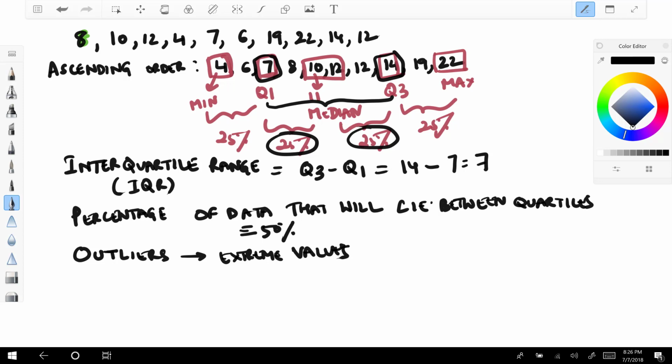So outliers can be calculated by the formula Q1 minus 1.5 IQR, and then Q3 plus 1.5 IQR.